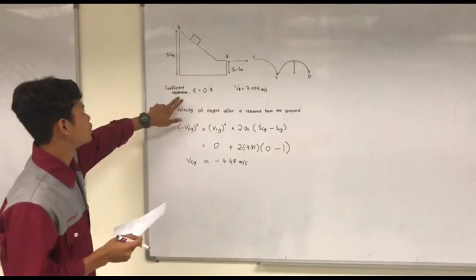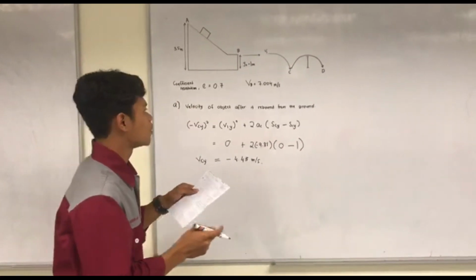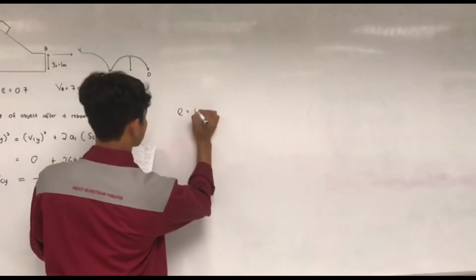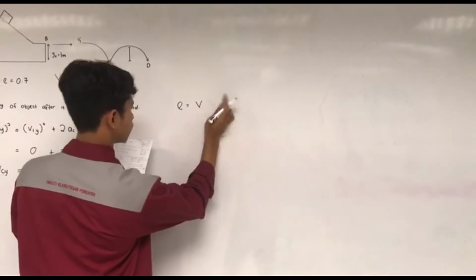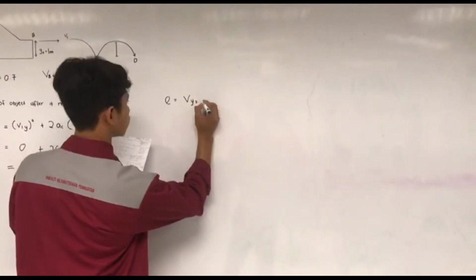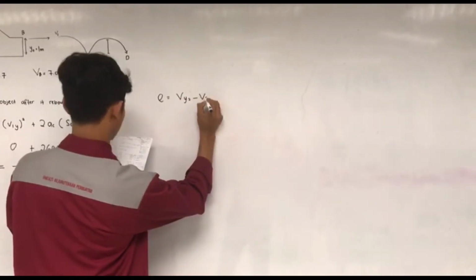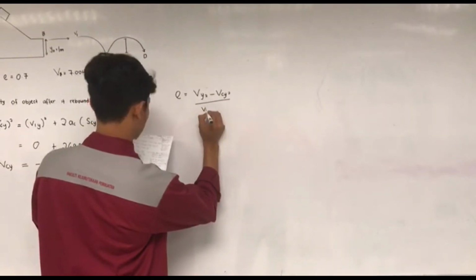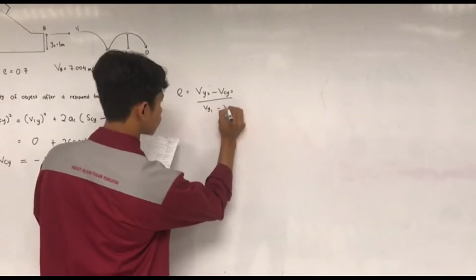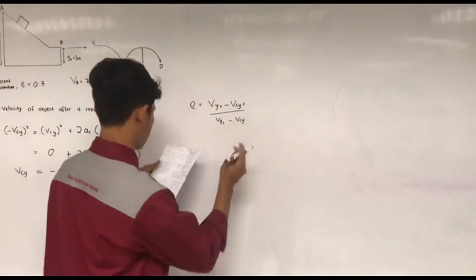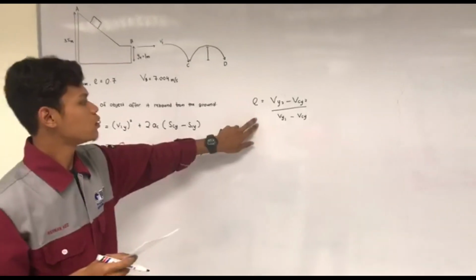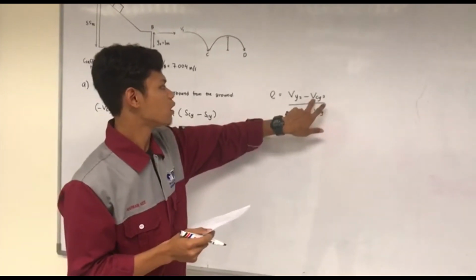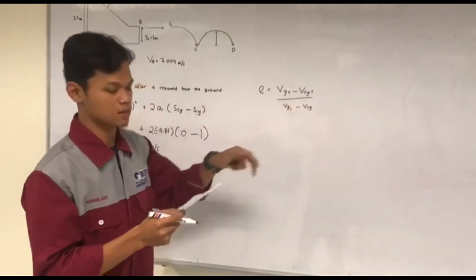So we have the coefficient of restitution. The formula is equal to... Okay, with this formula we want to calculate the velocity at point C on the y-axis.